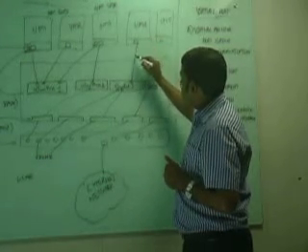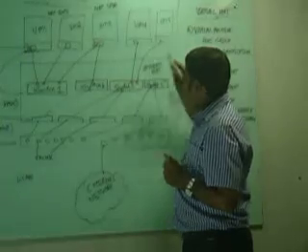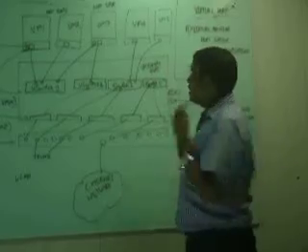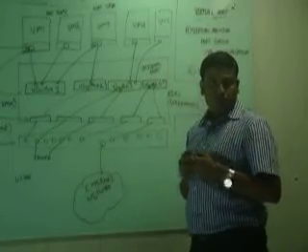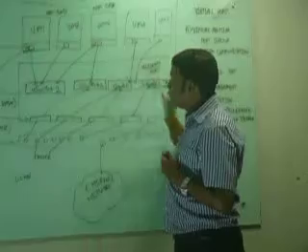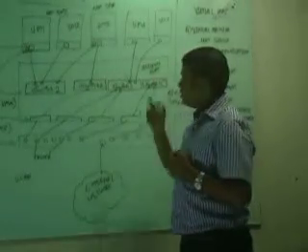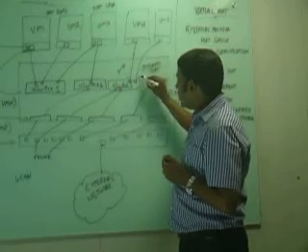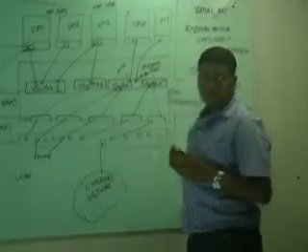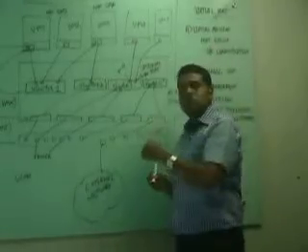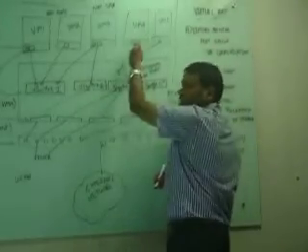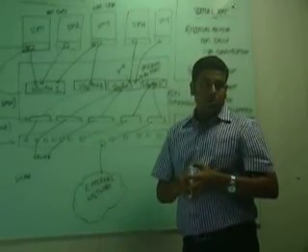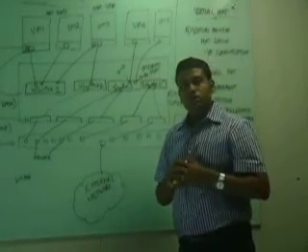Supposing you want VM4 to talk to VLAN number 10 and VM5 to talk to VLAN number 20, it's as simple as creating the port group and aligning this port group to VLAN number 10 and aligning this port group to VLAN number 20. Automatically, the vSwitch will add the VLAN 10 header and send it, and when it receives it, it removes the header and sends it out again. So the managing of the VLAN is done by the vSwitch in that case.